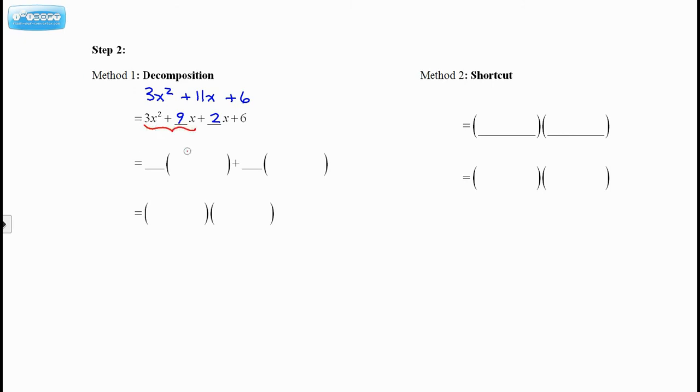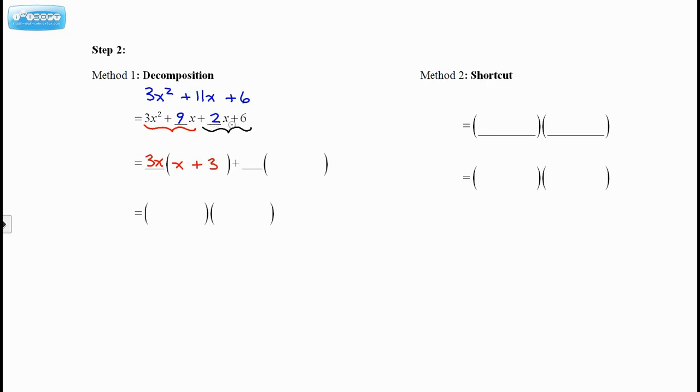Well, now we can factor by grouping, which is something that you've seen before. All right? So, look for the greatest common factor between these two terms. Well, I can factor out 3x. Okay, so that would leave here x plus 3. Okay, and next, look at these two terms. What's the GCF?